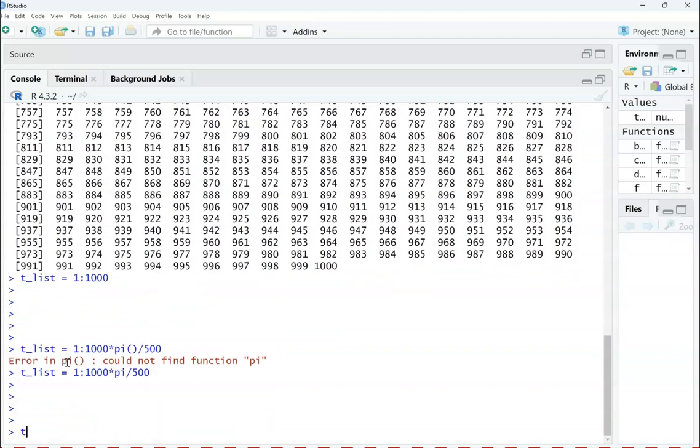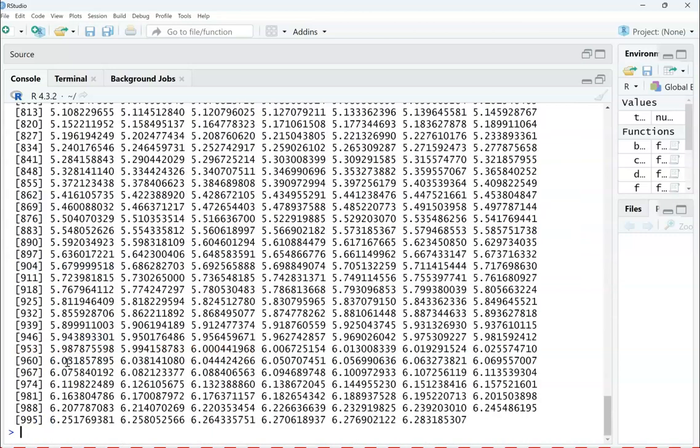Now if I look at my list of t's, I don't see the 0, but I definitely see 2 pi towards the end, 6.28. So this gives me a list of consecutive values from 0 to 2 pi. If you do this command, this will give you a list of consecutive values, however many you want, from a starting point to an ending point.